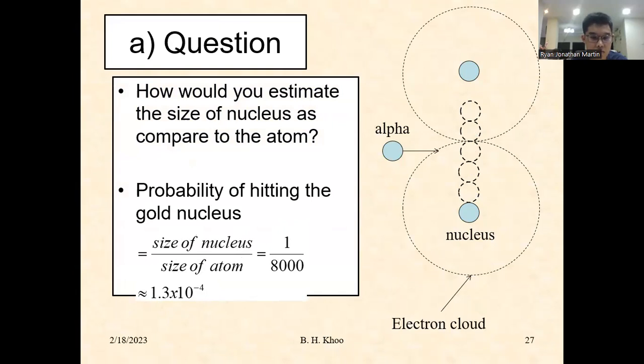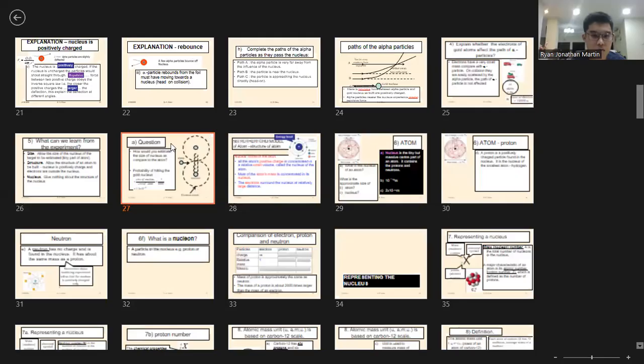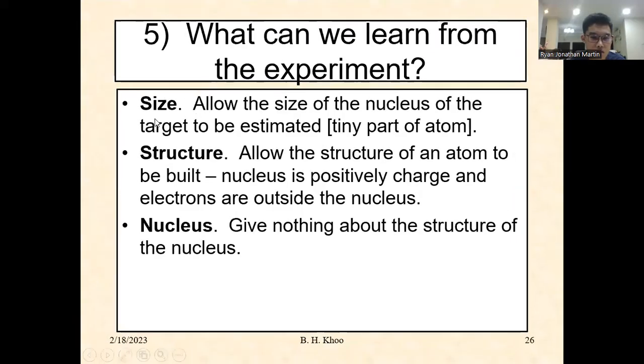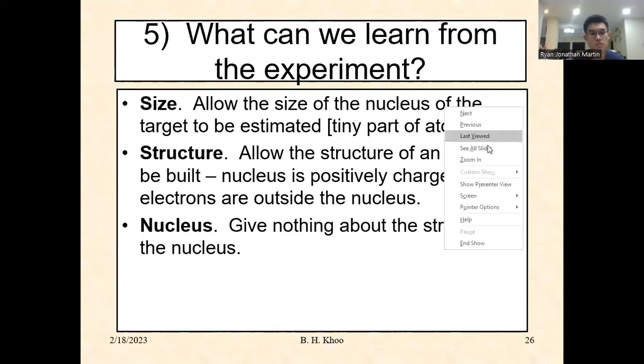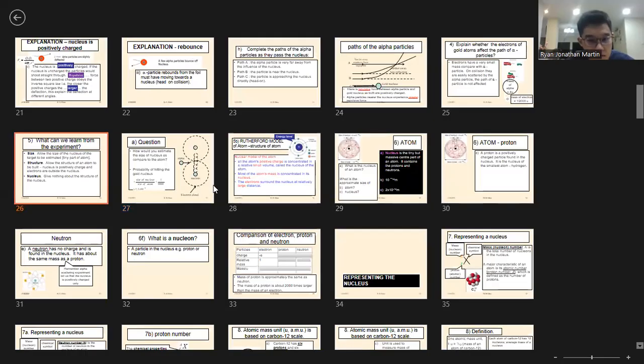Don't worry about it, just memorize that it allows the size of the nucleus of the target to be estimated, compared with the atom. We use probability to calculate it.